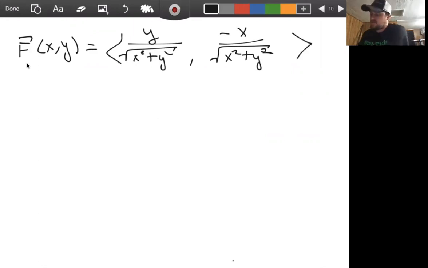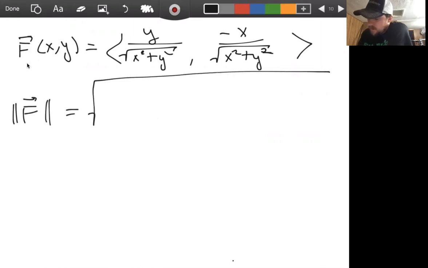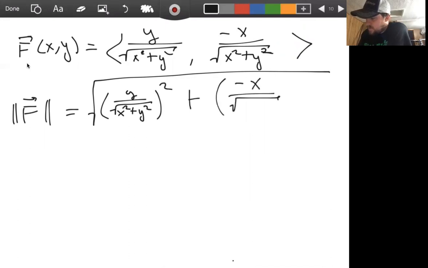Let's first verify that this is a unit vector field. Let's take the magnitude of f. It's going to be the square root of y over root x squared plus y squared, that whole thing squared, plus negative x over root x squared plus y squared, that whole thing squared.